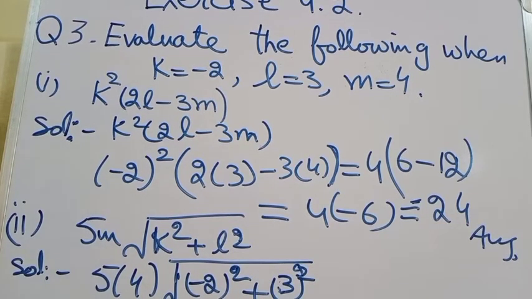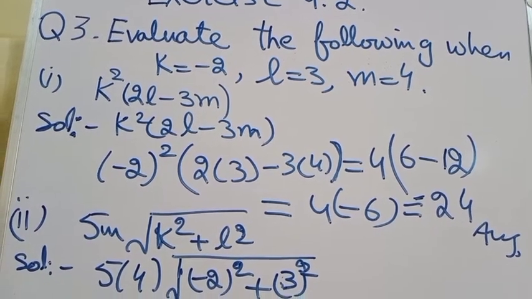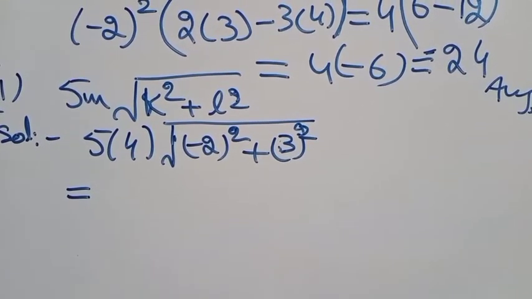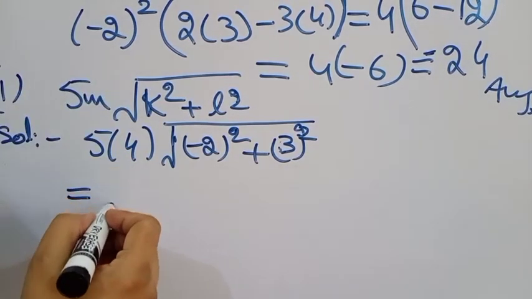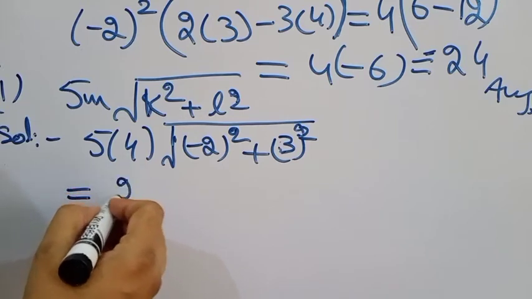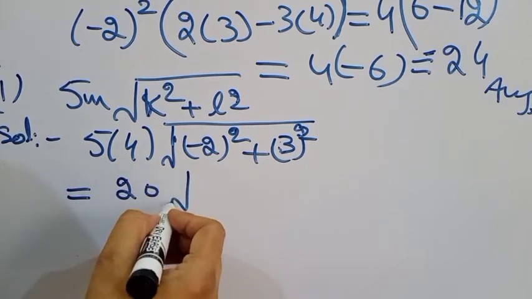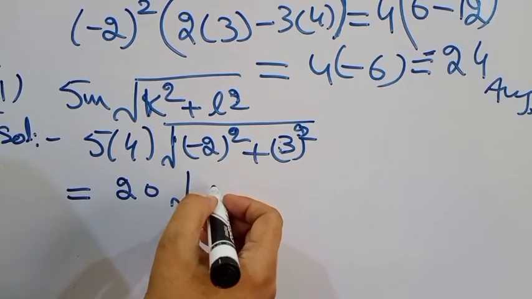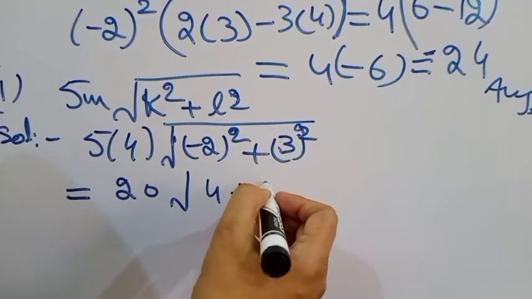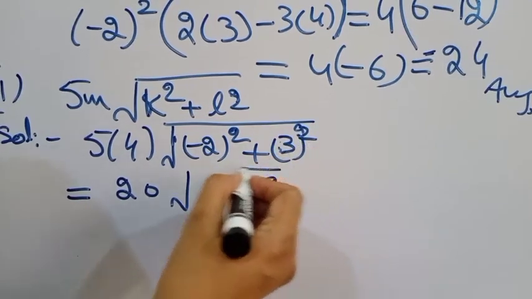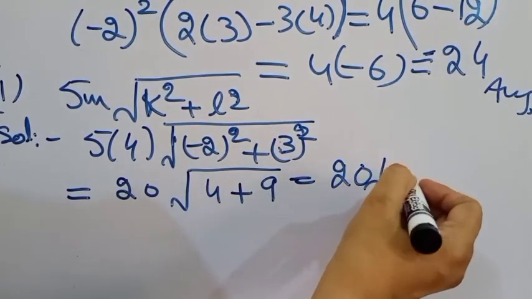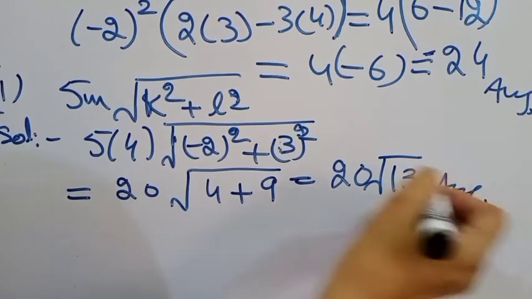This is equal to 4 into 5 is 20, square root of -2 whole square is 4, and 3 square is 9. This is equal to 20 square root of 13, which is our answer.